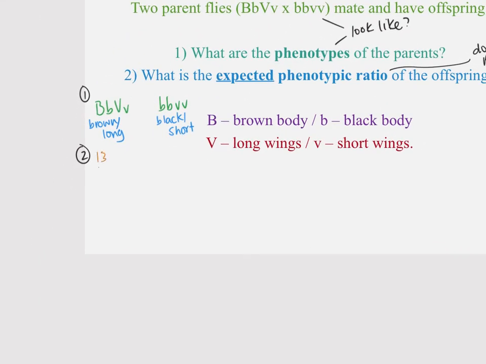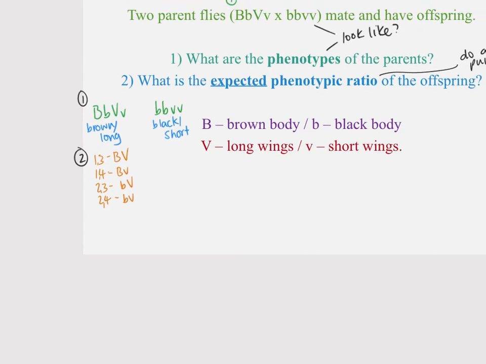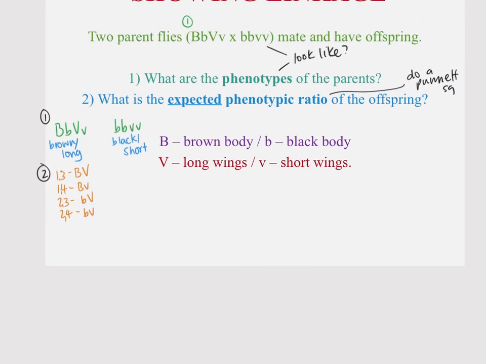Put some commas in there so it actually makes sense. So 1 3 is big B, big V. 1 4, big B, little v. 2 3, little b, big V. And 2 4, little b, little v. Whereas for our parent 2, our second parent, we've only got one set of gametes that are the same twice.